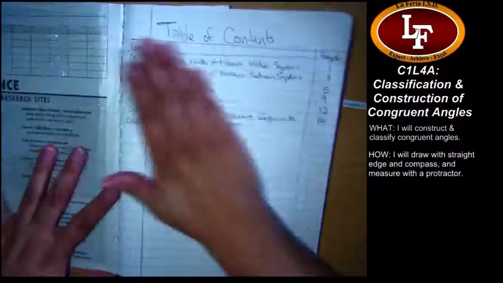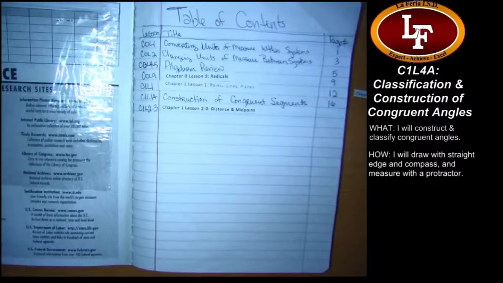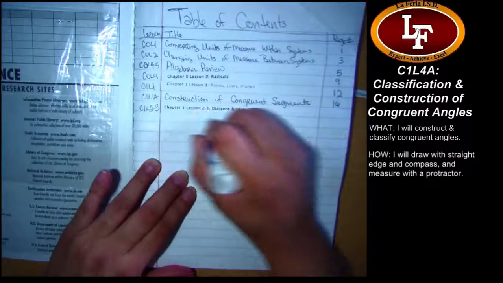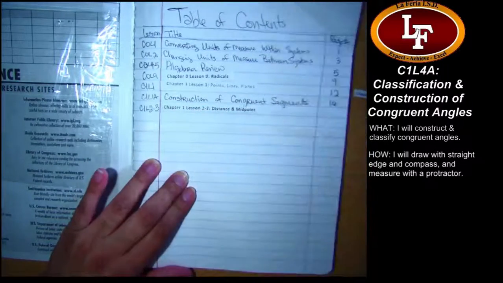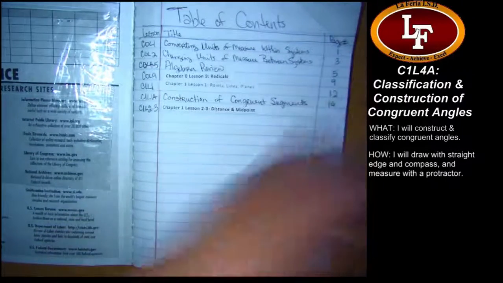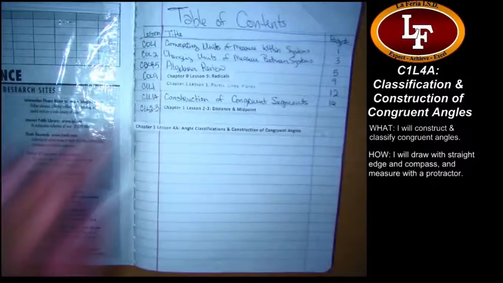I'm going to update my table of contents. I'm going to skip a line, gentlemen, because we had the construction in there that I haven't updated the title for yet. So I'm going to leave a space for that.